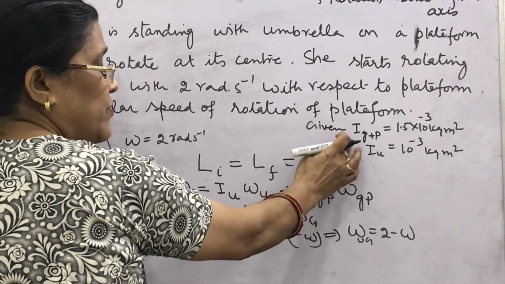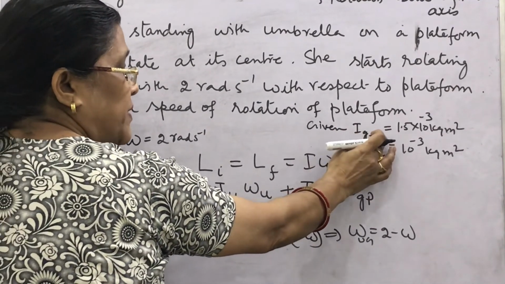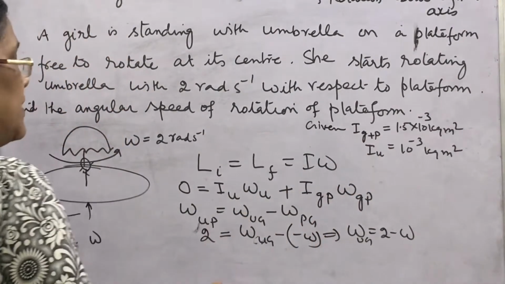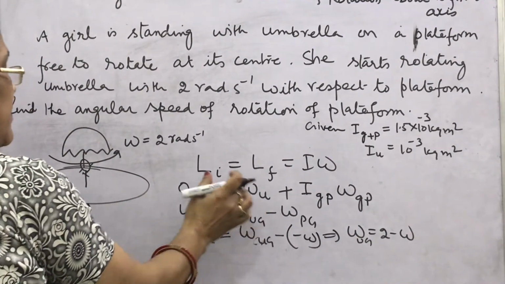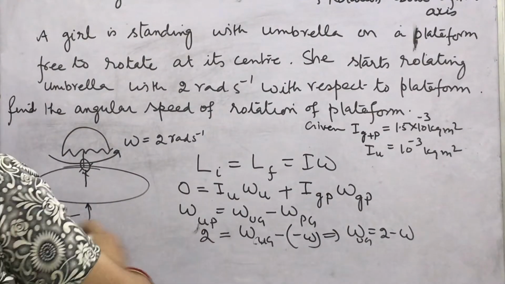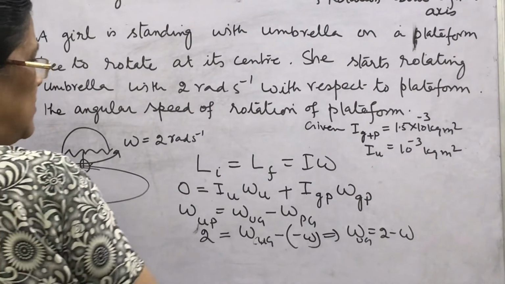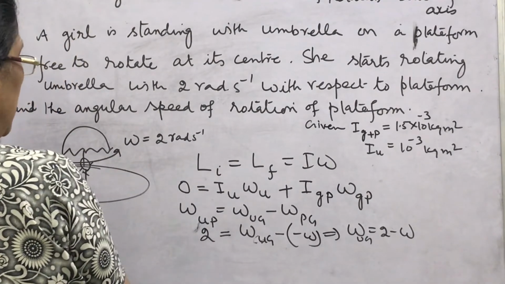Given the moment of inertia of girl plus platform and that of umbrella, put the value here. If you look, what will be the value?